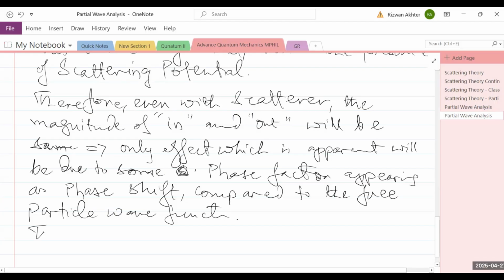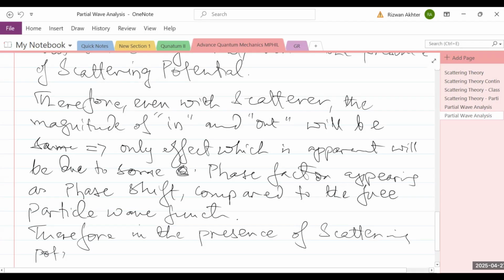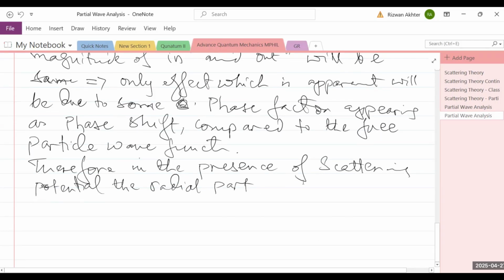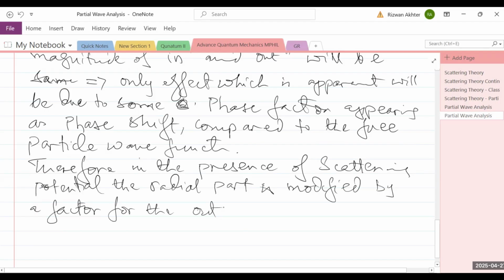So we could say, therefore, in the presence of a scattering potential, the radial part is modified by a factor for the outgoing part of the radial solution.